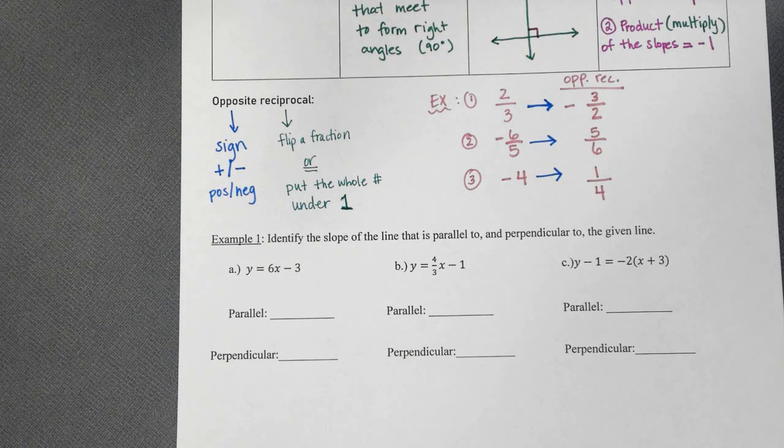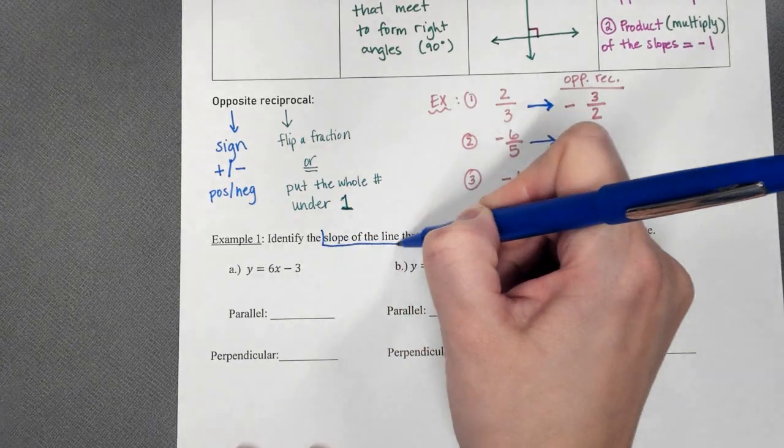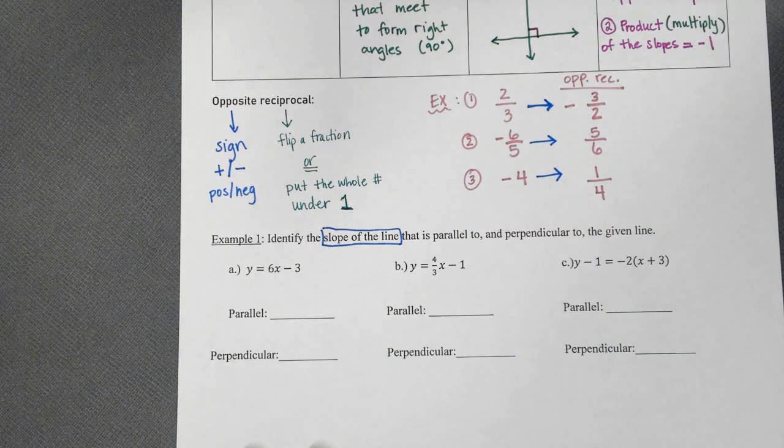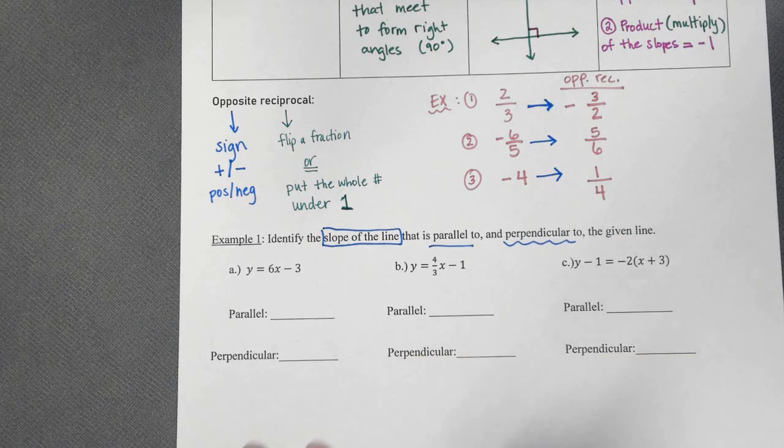Okay, so for example 1, we're going to do part A together, and then I'm going to have you do B and C. So it says identify the slope of the line. One thing we want to really focus on is reading the directions. So you are identifying the slope of the line that's parallel to and perpendicular to your given line.